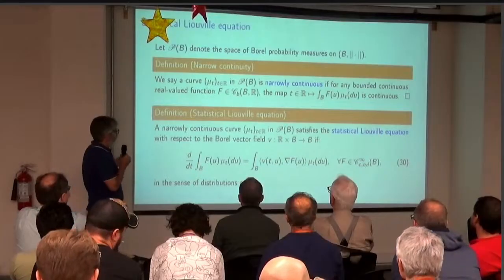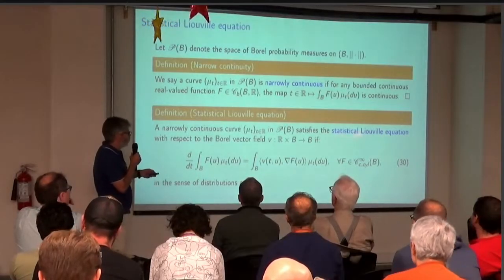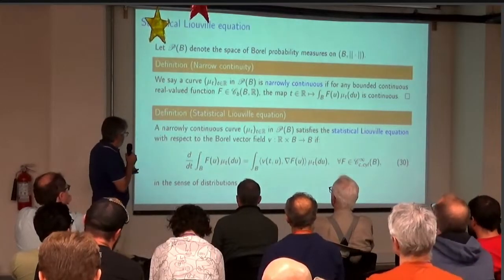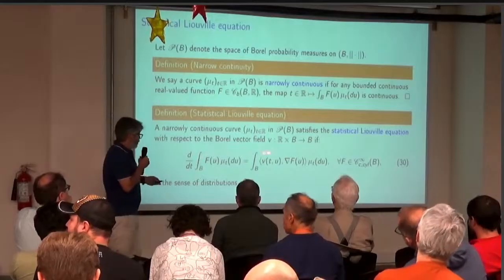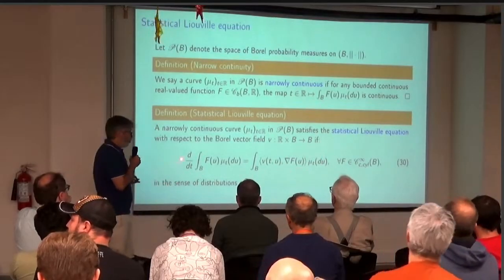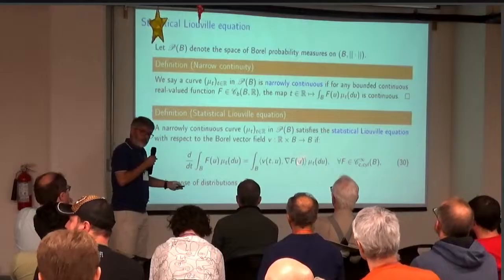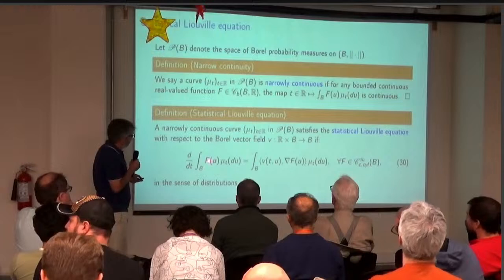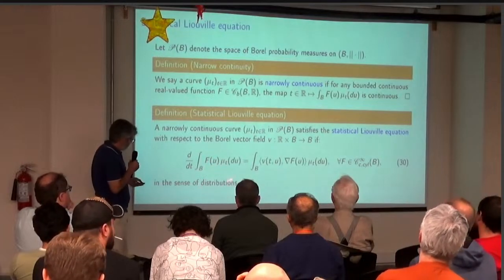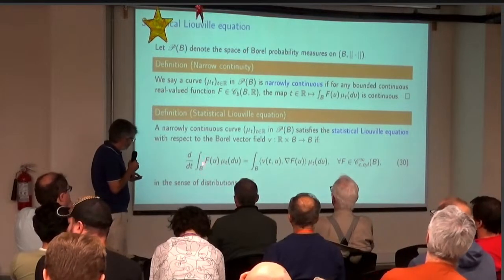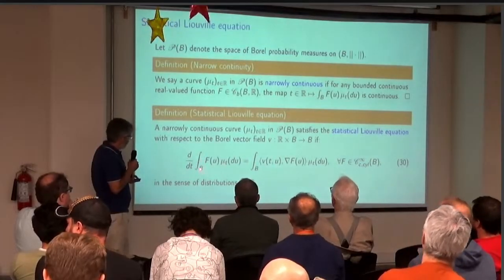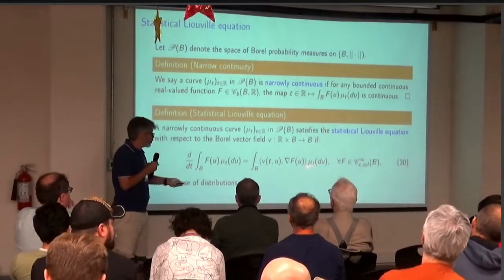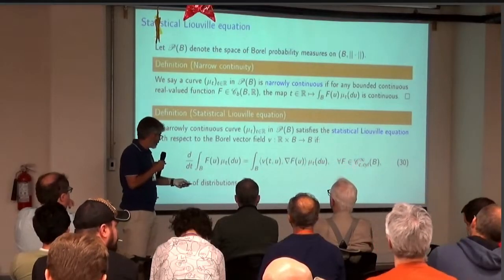Now, a statistical Liouville solution of the problem is any narrowly continuous curve that satisfies this equation, which is quite similar to the equation that appeared before. You differentiate this in terms of distributions, where the distribution is only in the one-dimensional variable of time, and you ask that this is equal to this other term, if this is true for all cylindrical smooth functions.